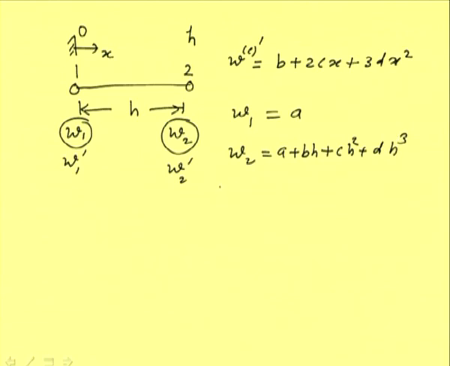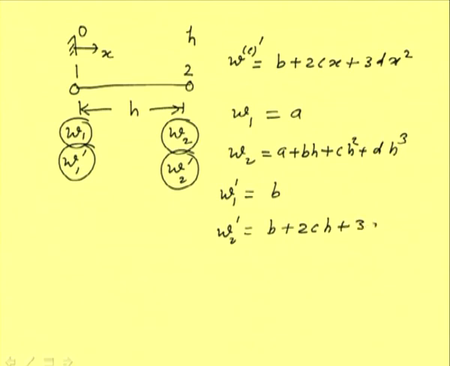Then the third boundary condition gives us w1 prime equal to b, and the fourth gives us w2 prime equal to b plus 2 c h plus 3 d h square. So, we now have 4 equations and 4 unknowns.